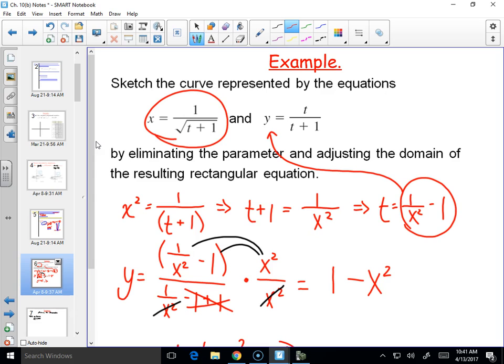The answer is yes. Can we figure out from the original parametric functions what t is not allowed to be? Can't be negative. Negative what? Can't be negative 1, because that would make a denominator equal to 0. So it can't be negative 1, but what else can't it be? Let's check it. 0 plus 1 is good.